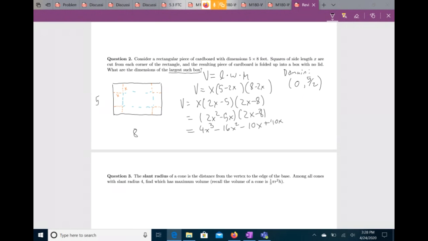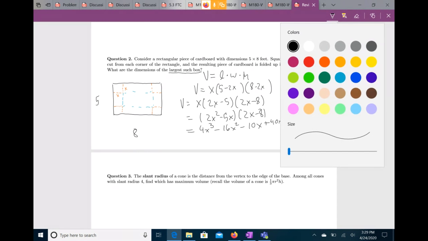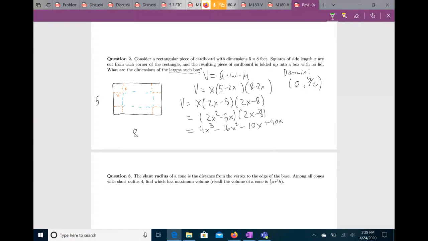If I distribute the x, I multiply x by 2x minus 5. Imagine that I cut out squares that have side length 2.5. 2.5 is half of 5.